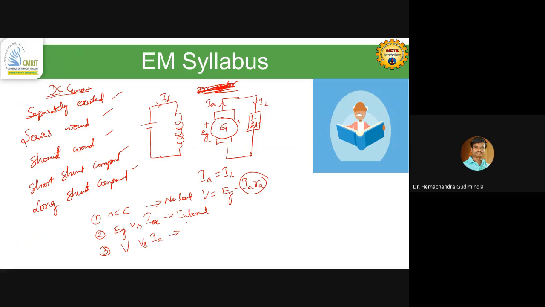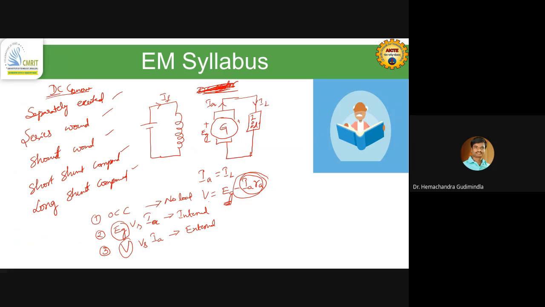V versus IA is the external characteristics. Since V equals EG minus IA RA, V will follow EG, with a difference of the armature ohmic drop.